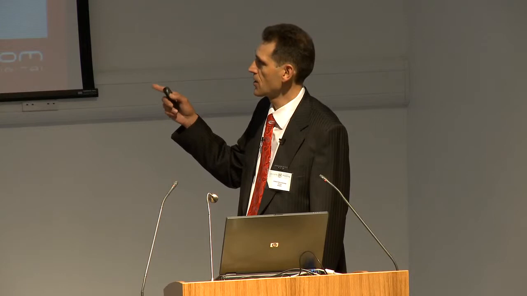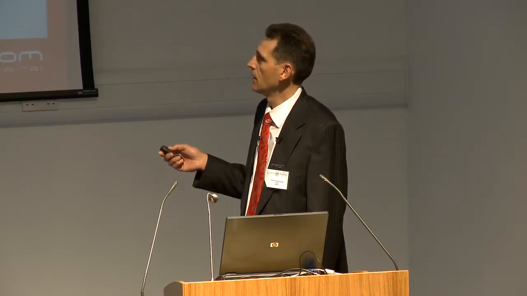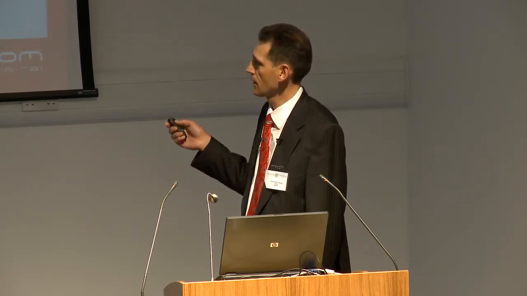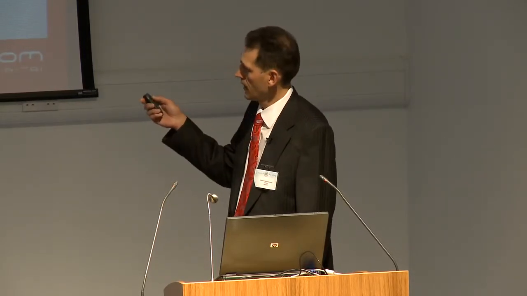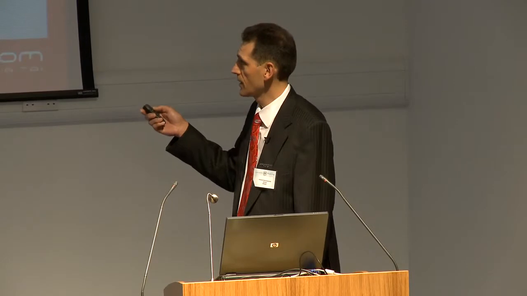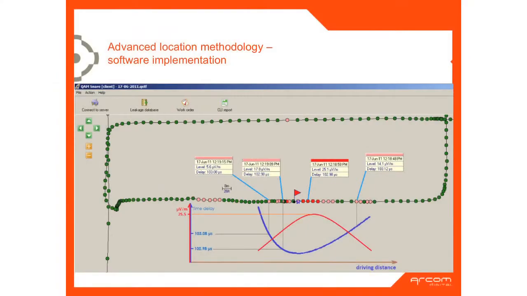You can see on this graph how the signal level is changing and how the time delay is changing. In the ideal situation, the maximum of the red curve and the minimum of the blue curve would match, would be in the same spot.